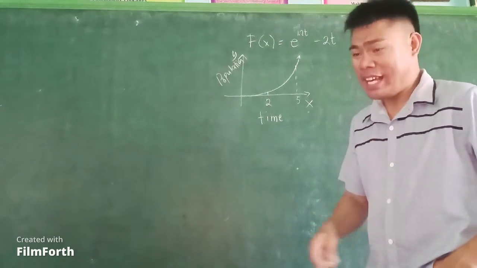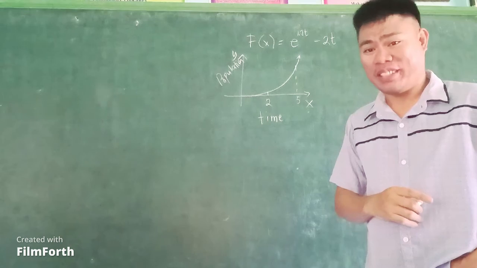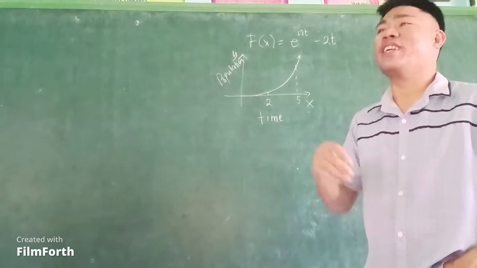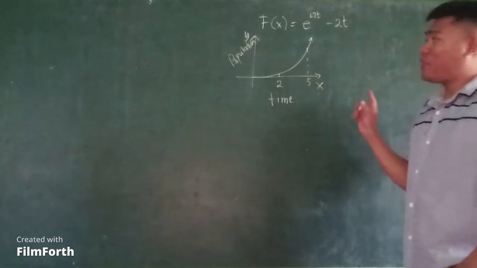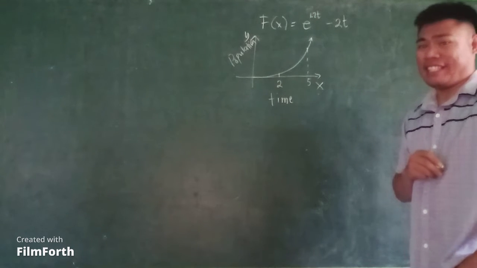Looking at this graph, this concept will be considered as a definite integral. So, we're going to solve this with the help of definite integrals. Through this graph, we can tell that the given problem is a definite integral.